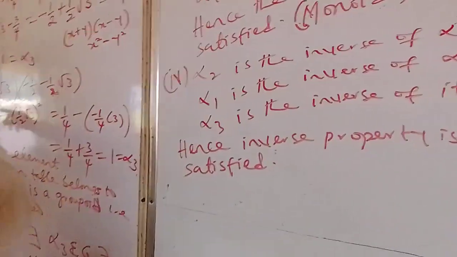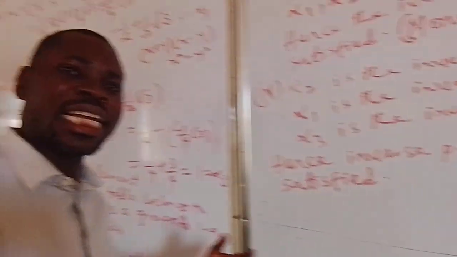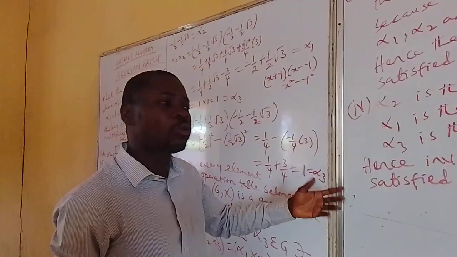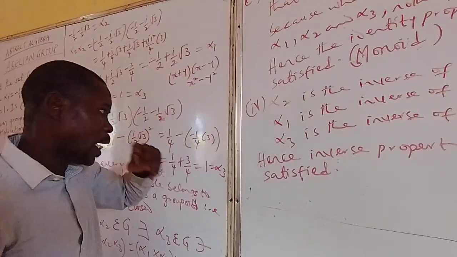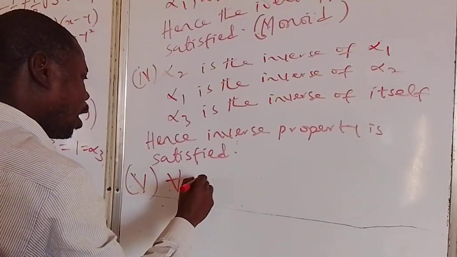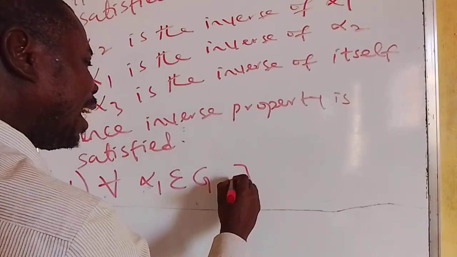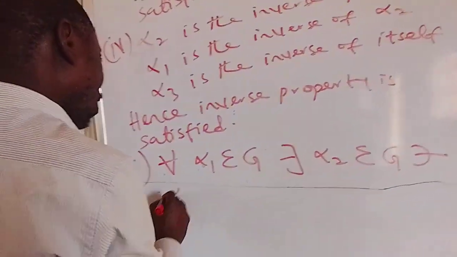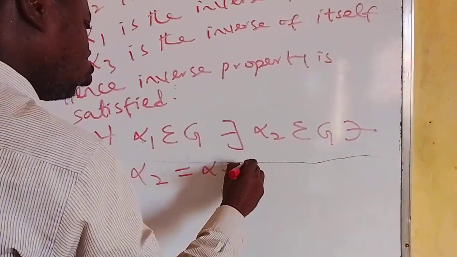Now, the last stage is to check whether it is commutative. So how do we check that it is commutative? A commutative group is also an abelian group. Once I check for the property of commutativity, then the group is abelian. So the fifth property: for all alpha 1 belonging to set G, there exists alpha 2 belonging to set G such that alpha 1, alpha 2 is equal to alpha 2, alpha 1.